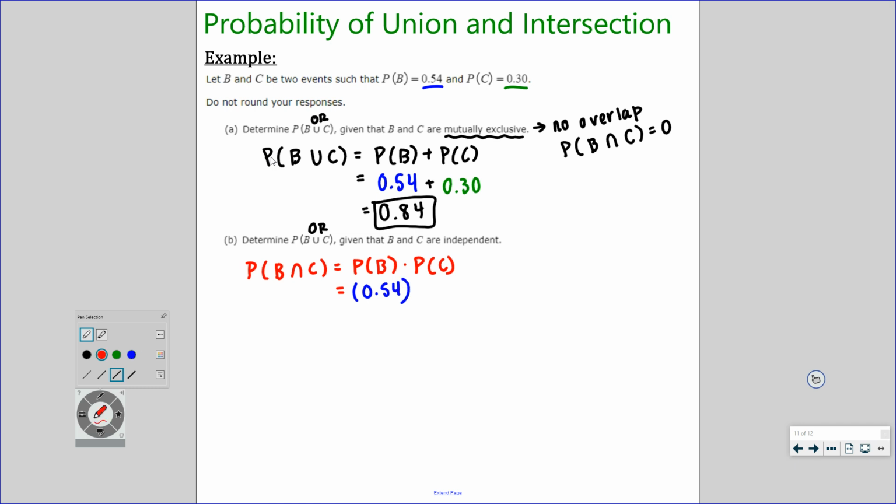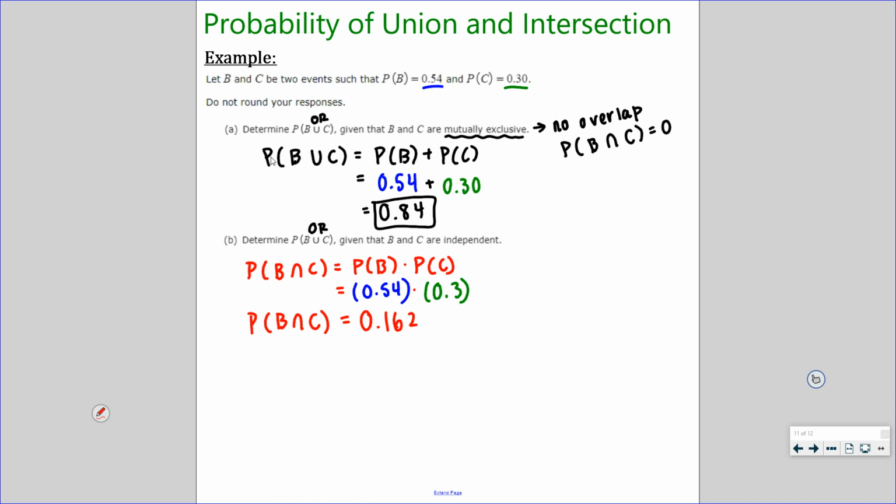So if you do that math, 0.54 times 0.3, you see that there is an intersection, or an overlap, of 0.162. So when I go to calculate or, my union, I have to do the probability of B plus the probability of C minus the probability of both, which we just calculated.